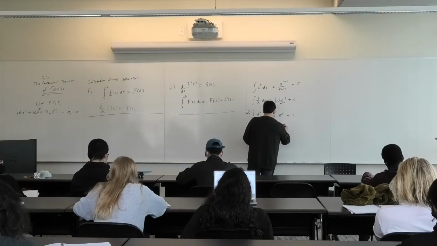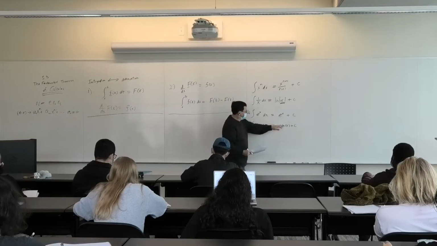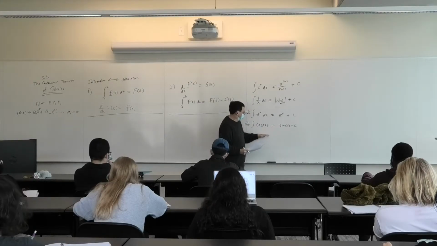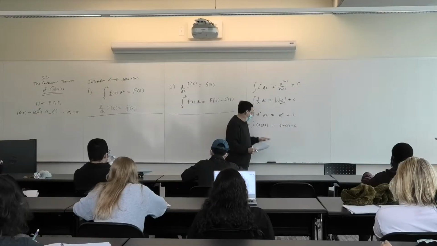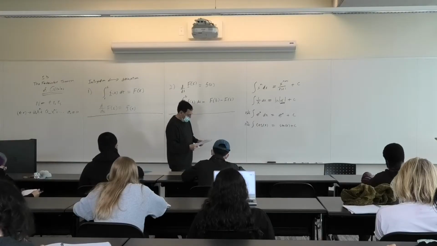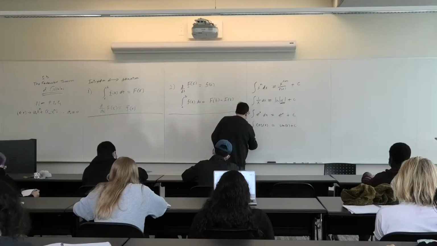Cosine is sine of x plus c. This is kind of a 4 cycle. Cosine, sine, negative cosine, negative sine, and back to cosine. It's kind of a 4 cycle. And since I've mentioned these cycles, there's a 2 cycle.